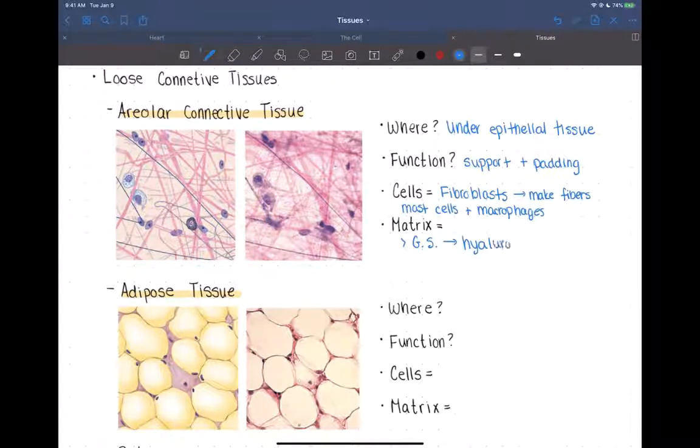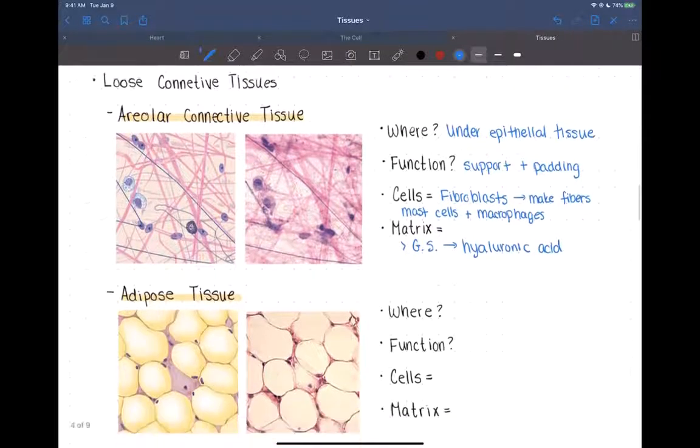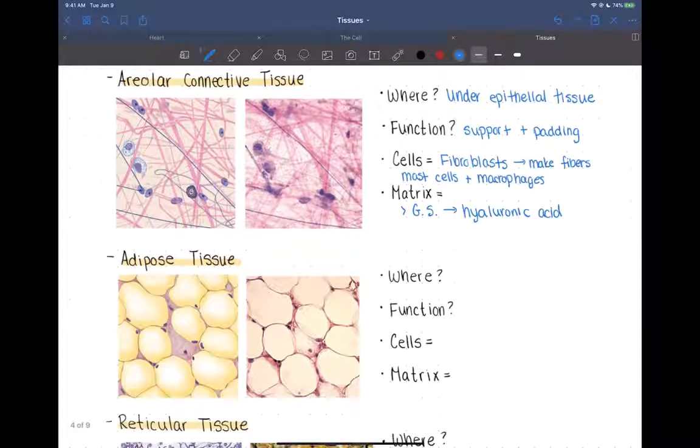The hyaluronic acid, that egg white consistency, is going to be the ground substance of this areolar tissue. And then the fibers are going to be collagen and elastic fibers. So you have collagen and elastic.